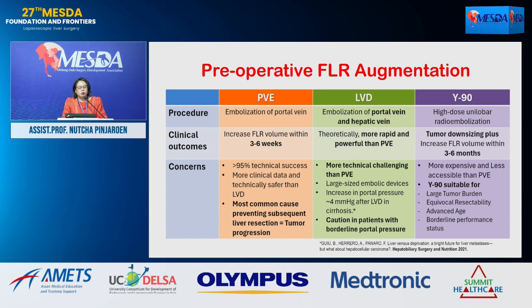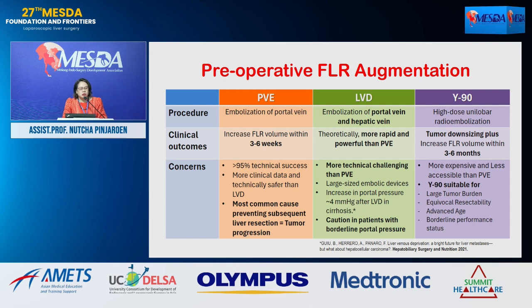And compared to liver venous deprivation, we have to embolize not only the portal vein, but also the hepatic vein. So theoretically, it's more technically challenging than PVE because we have to embolize two venous systems, and with the hepatic vein, we need a larger embolic material device. But the result should create more rapid and more powerful FLR hypertrophy when compared to PVE.